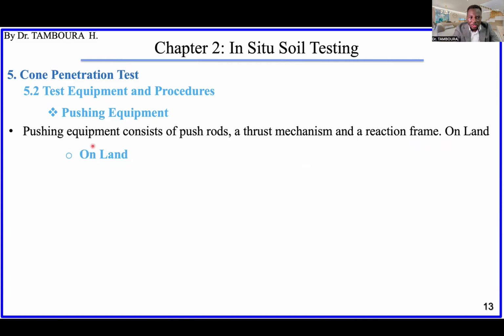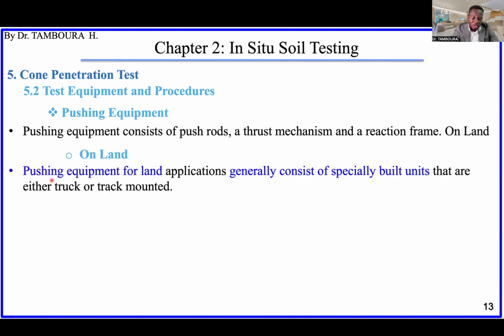On the land, because we can also do CPT over water. So we are going to see on the land how this works. Pushing equipment for land application generally consists of specially built units. There are units built just for the test.